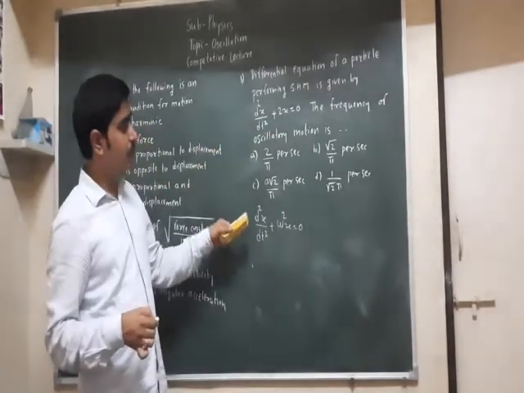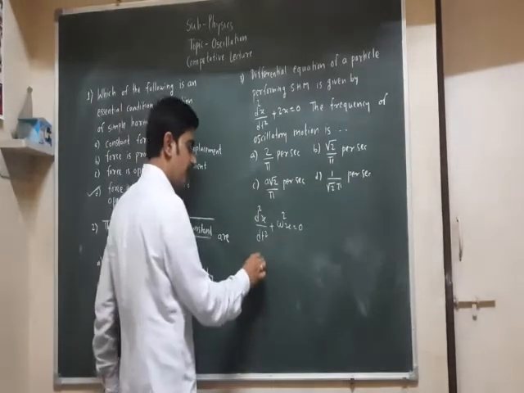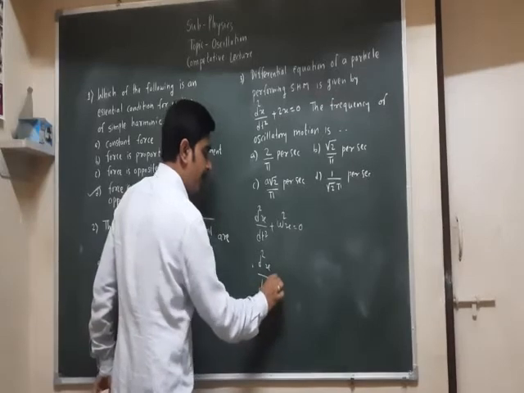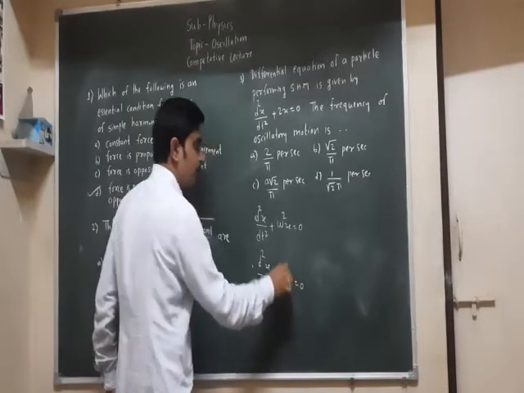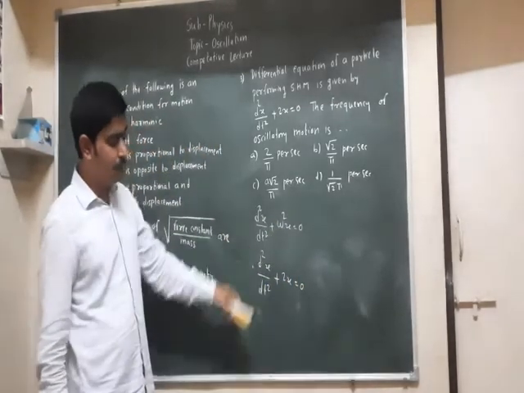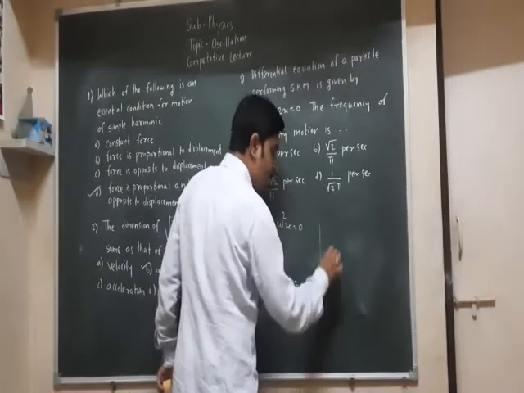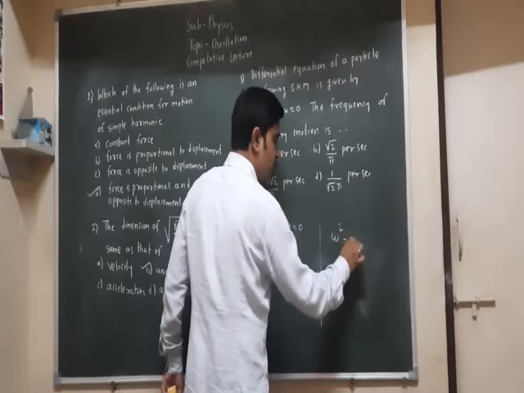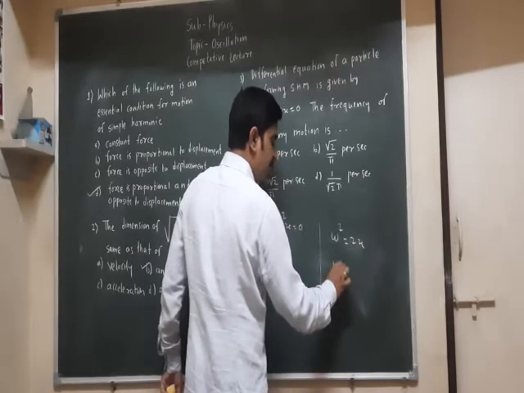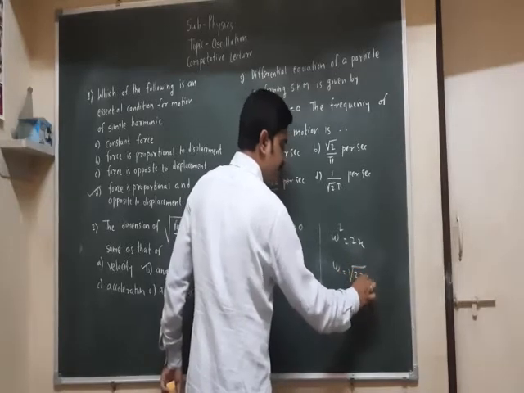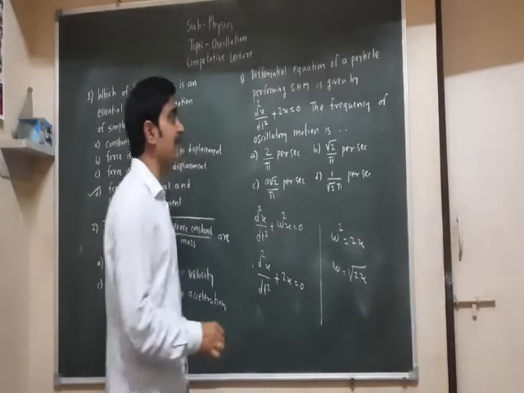Now we have to compare this formula with the given equation, d2x upon dt square plus 2x is equal to 0. If we compare these two equations, what will be our conclusion? That omega square is equal to 2, so omega is equal to root 2.